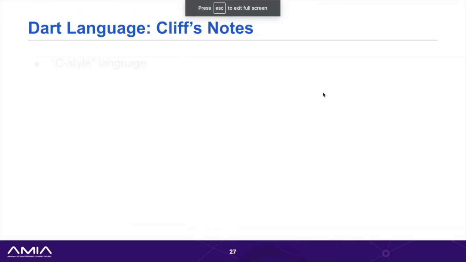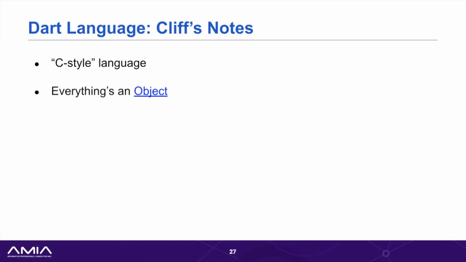Here's the cliff notes, so you don't have to read everything. This is C style, so if you are familiar with Java or C or R or Swift or any of that, this is a very typical C-style object-oriented language. Everything is an object. It's object-oriented. At the end of the lines, you need a semicolon.